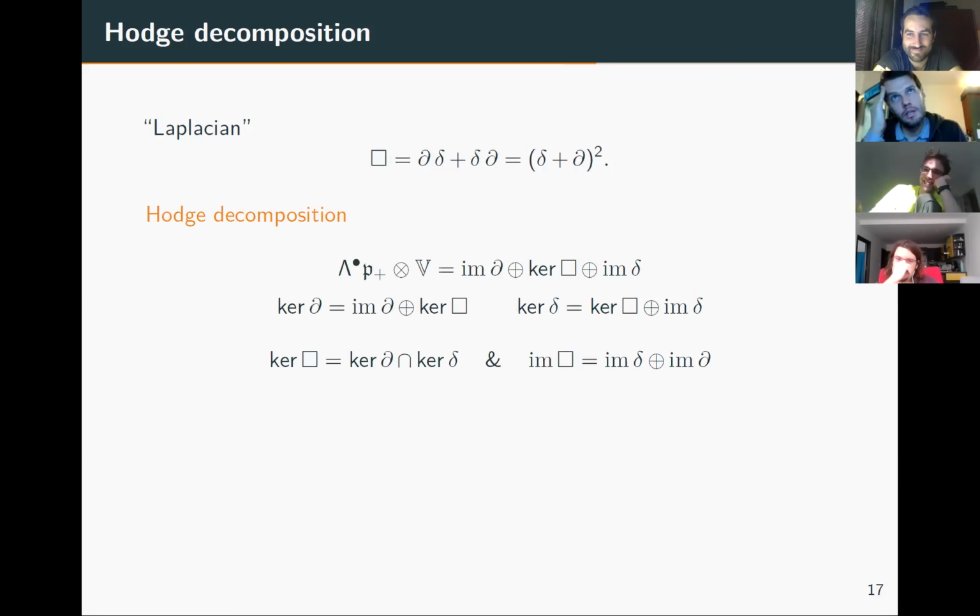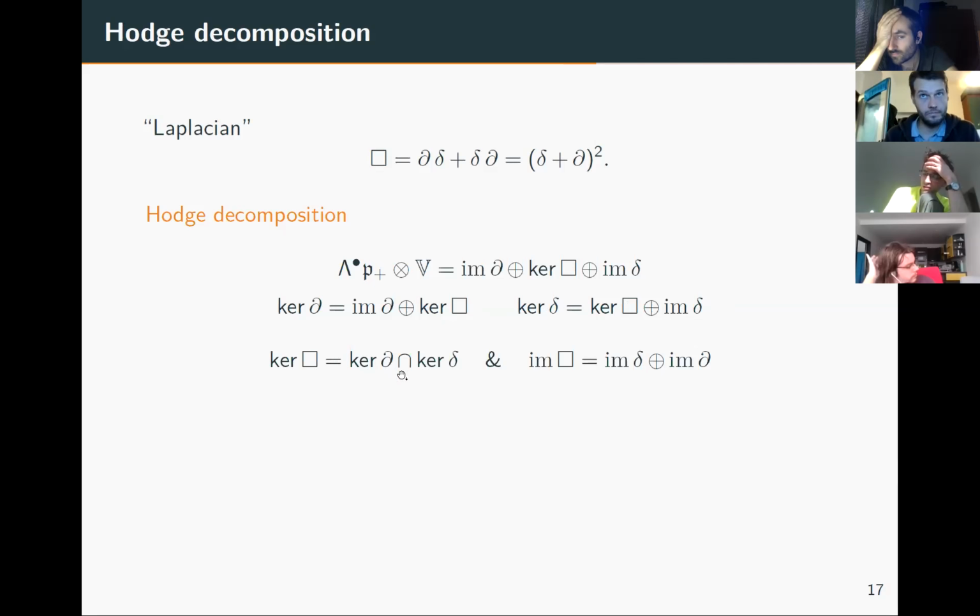So what Hodge decomposition means is that you try to decompose this chain space into the kernel of this Laplacian and image spaces of these two operators. So you have such a decomposition where the kernel splits as image plus the kernel of the Laplacian, and the kernel of the other splits as the image of the other plus the kernel of the Laplacian.